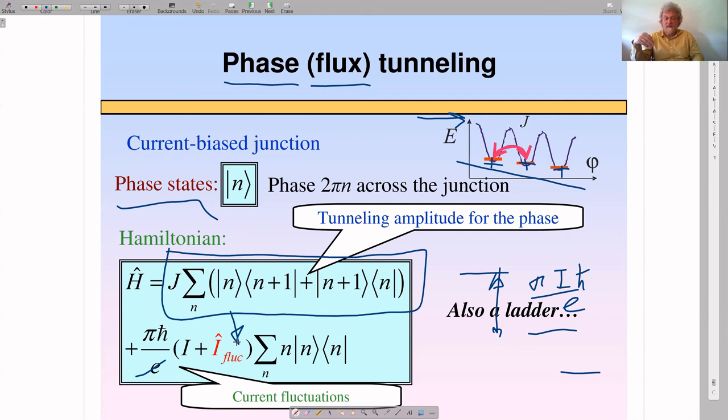And depending on the coupling strength, that can lead to two different situations, either localization or the absence of localization in the limit of small slopes of the ladder, in this case, in the limit of low voltage.